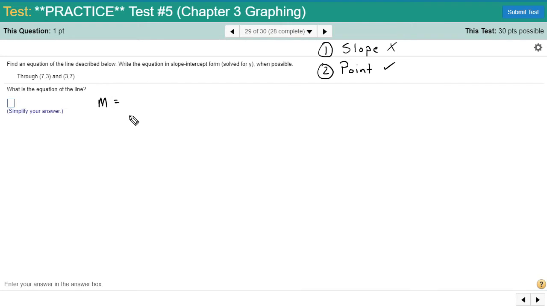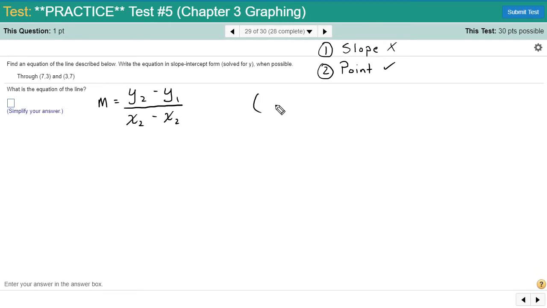And again, from earlier in the practice test, we know that when we've been given 2 points, the slope between those points can be found by the formula m is equal to y sub 2 minus y sub 1 over x sub 2 minus x sub 1.